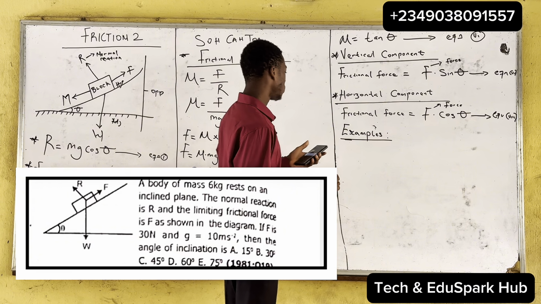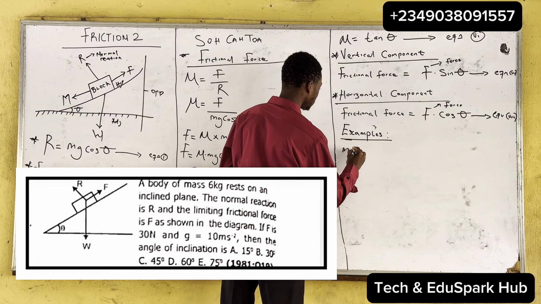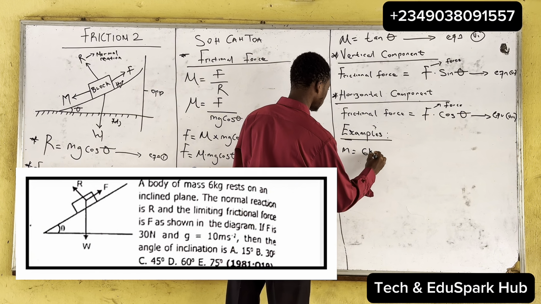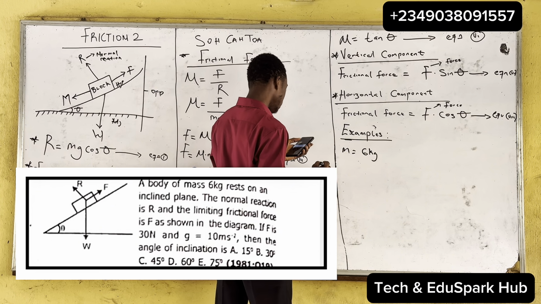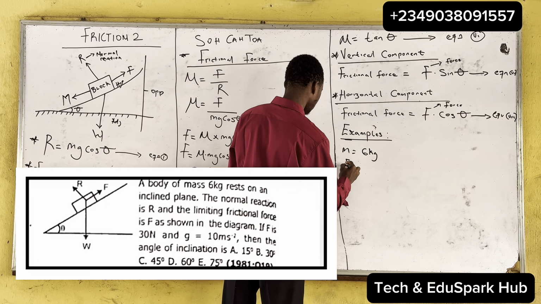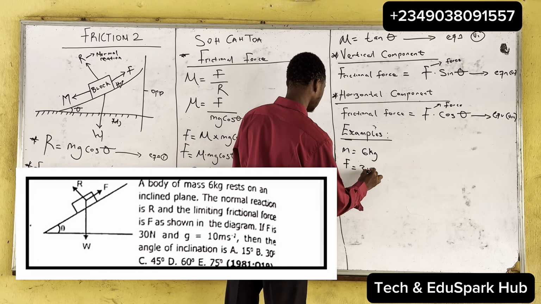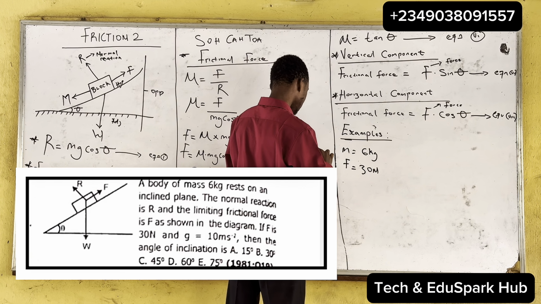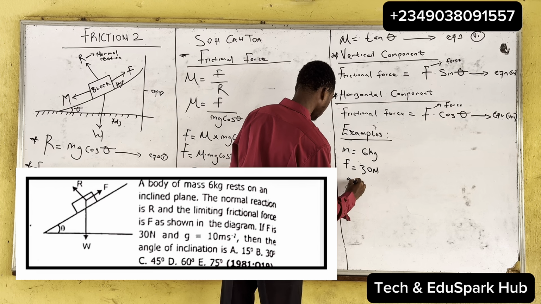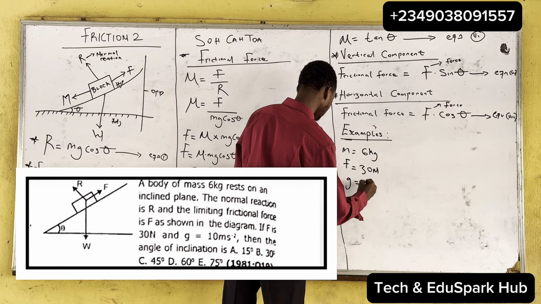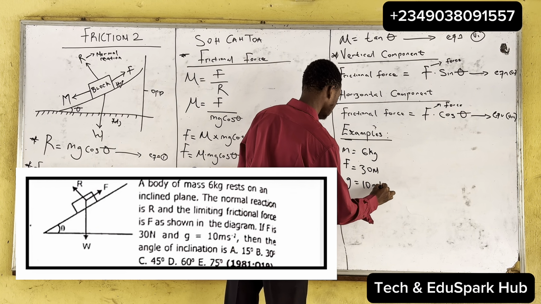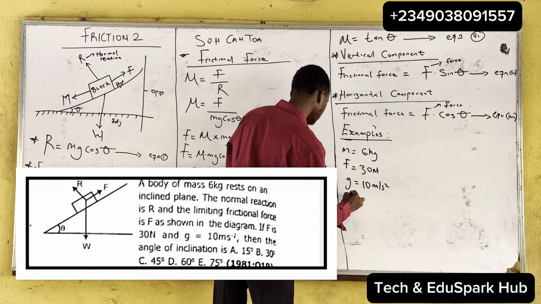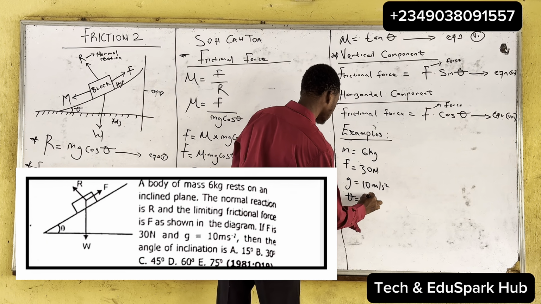So in this kind of question, we are given the mass, M, as 6 kg, the frictional force, F, as 30 Newton, and lastly g as 10 meters per second squared. They are asking us for the angle theta.